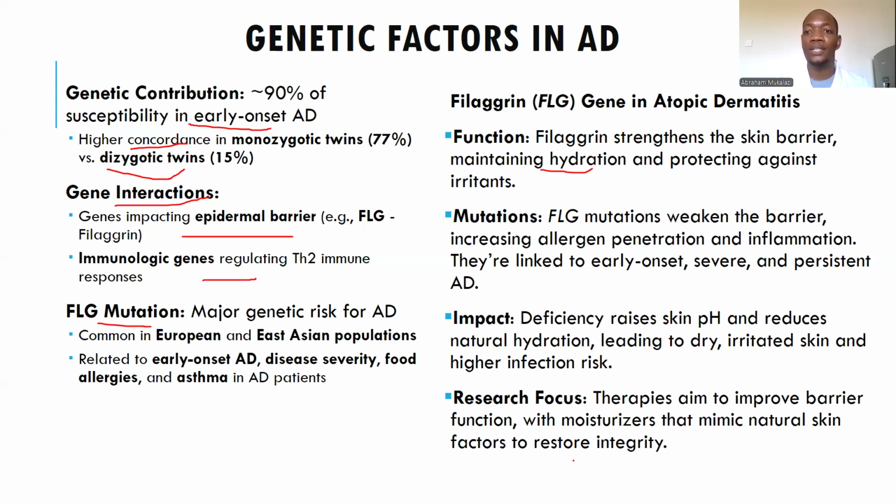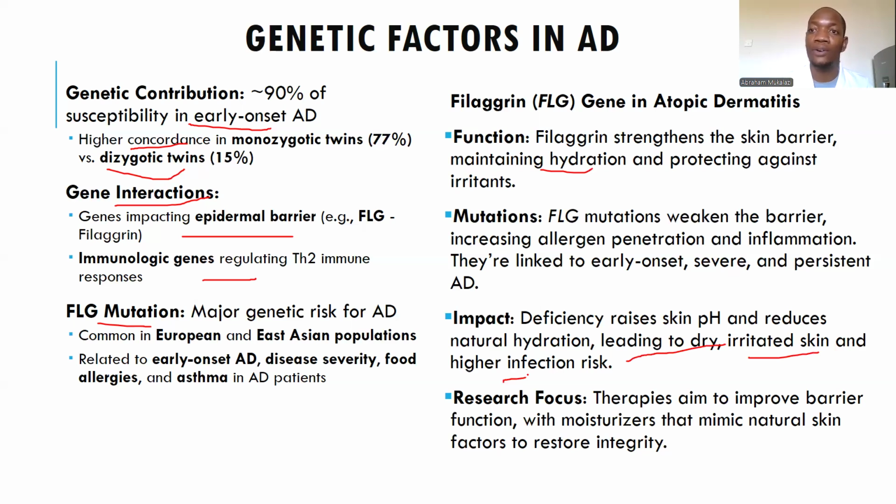When you come to the net effect of not having this gene, if you don't have the histidine in the skin and the natural moisturizing factor, you end up having a raised pH of the skin. With a raise in the pH of the skin, that reduces the natural hydration. The skin will be dry, easily irritated, and it will have a high risk of infection because you have altered the pH.